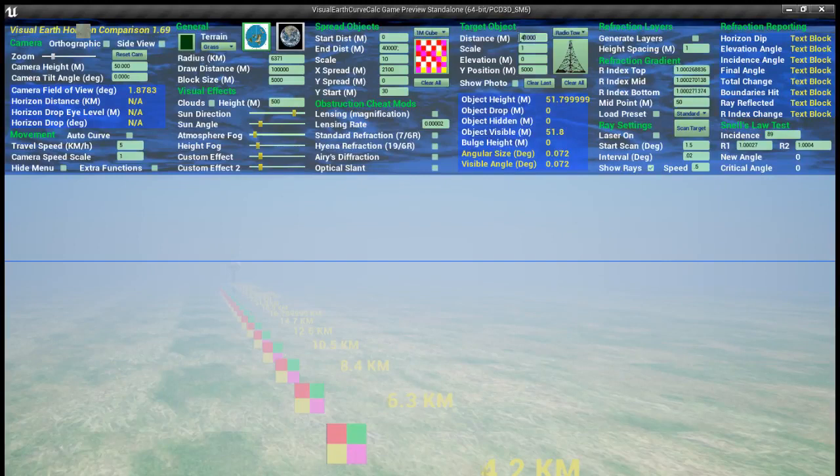So the far one would have been 53 kilometers, I believe.